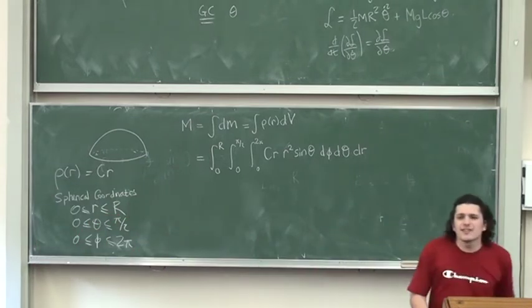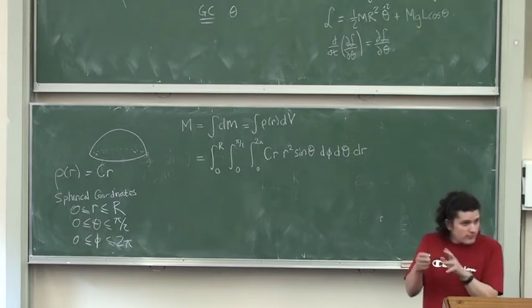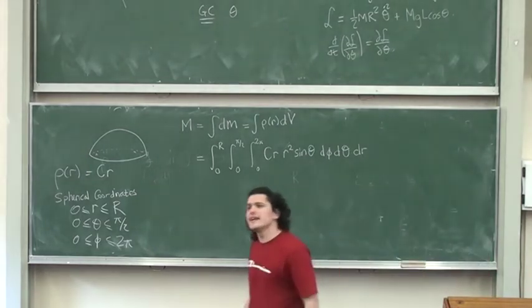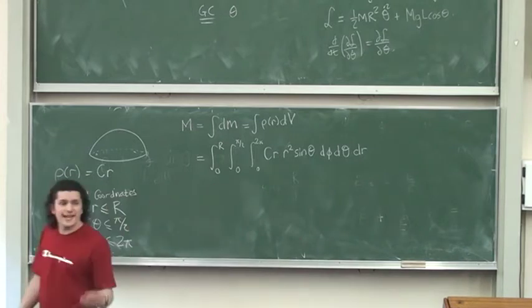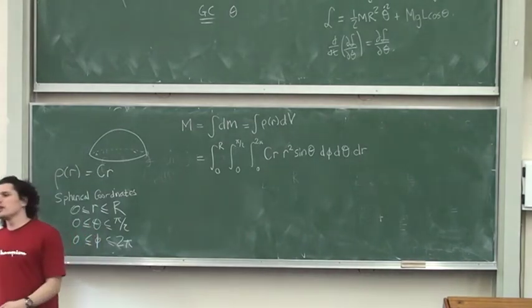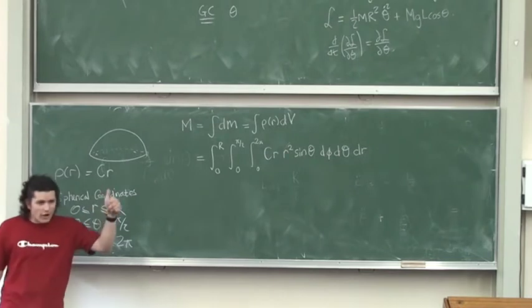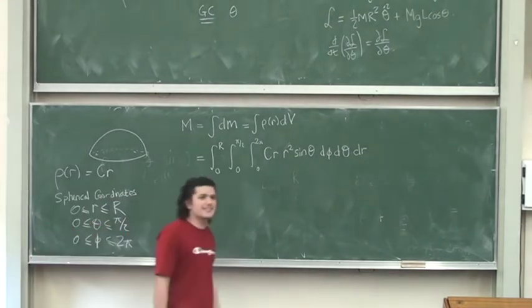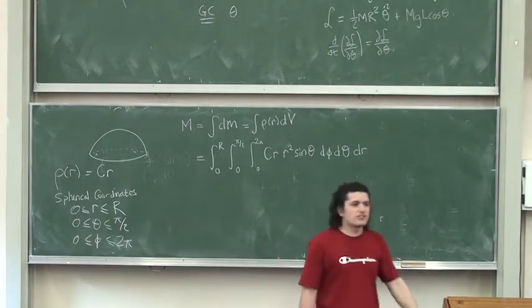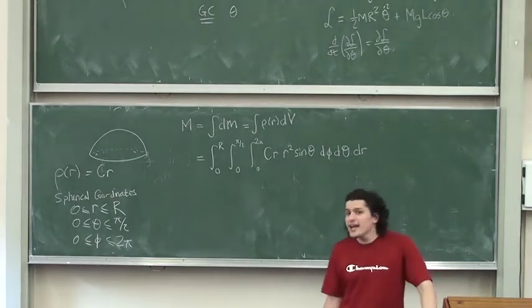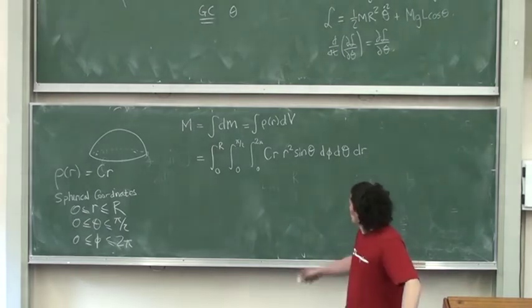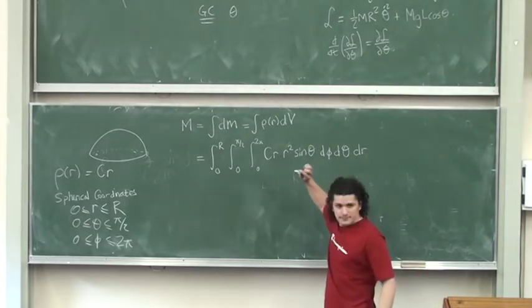The size of a little block of volume is the product of the metric coefficients in an orthogonal coordinate system like this one. The metric coefficient associated with r is 1. The metric coefficient associated with theta is r. The metric coefficient associated with phi is r sine theta. When you take that product, you get r squared sine theta.